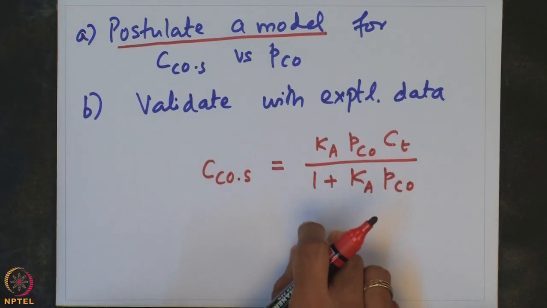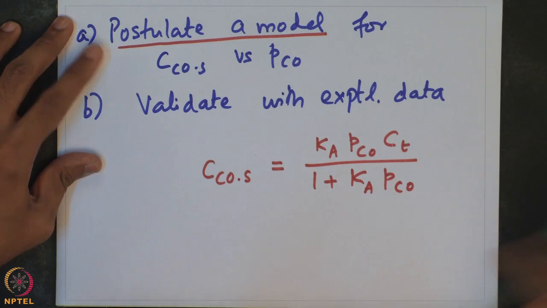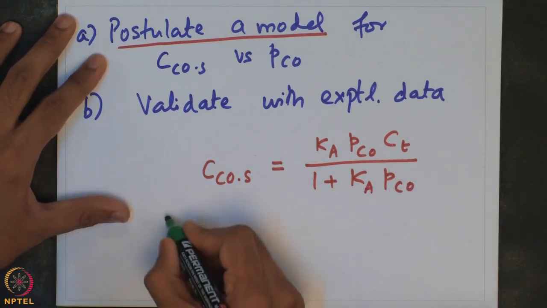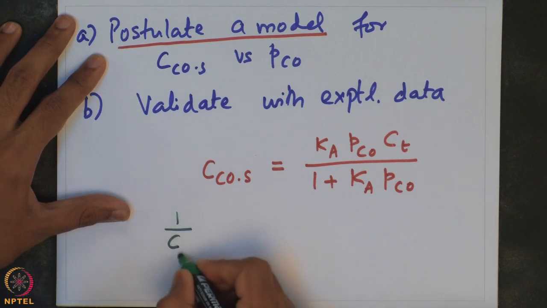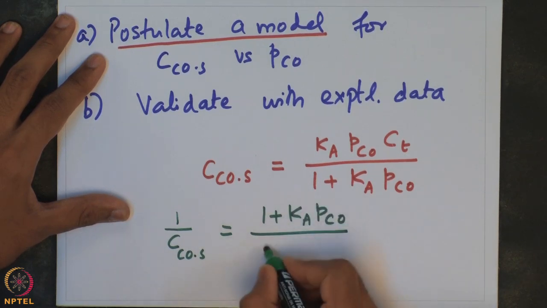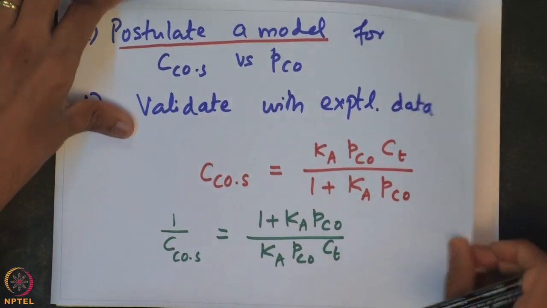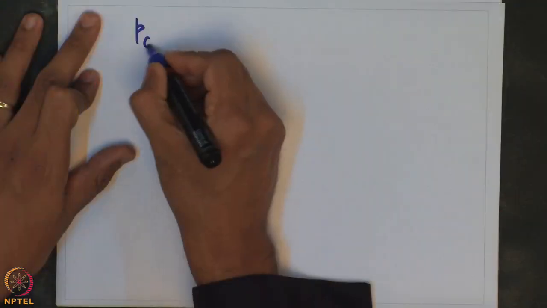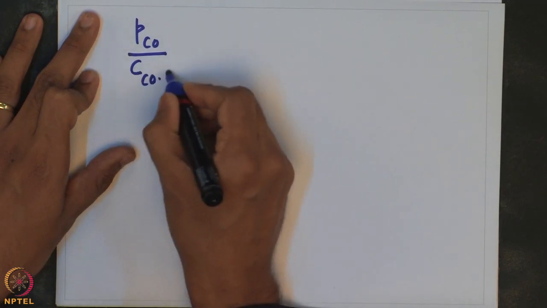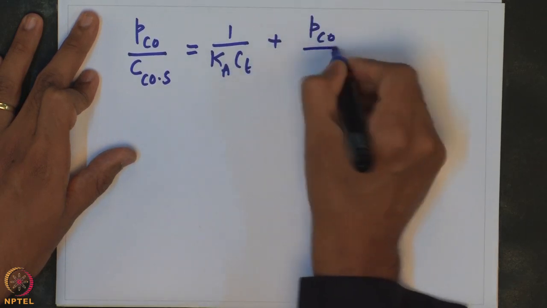Then I can rewrite this expression by taking the inverse, 1 by CCOS, and this can be simply rewritten as partial pressure of CO divided by CCOS is equal to 1 by Ka Ct plus PCO by Ct.